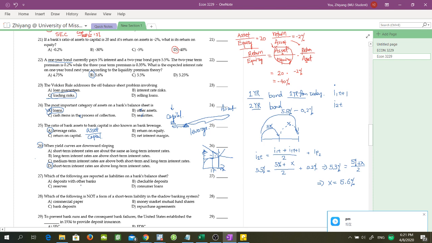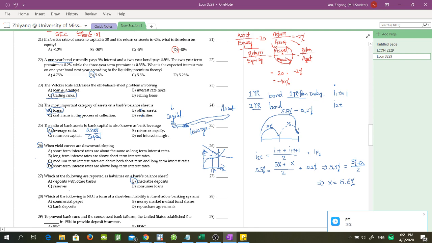Since we deposit money into another bank, that is still our asset, so it will be counted as an asset. Checkable deposits are really common on the liability side, so I guess everybody knows it. Reserves are assets, that's just cash on hand. And consumer loans are something we make, so we expect someone to pay it back in the future. So that's an asset as well.